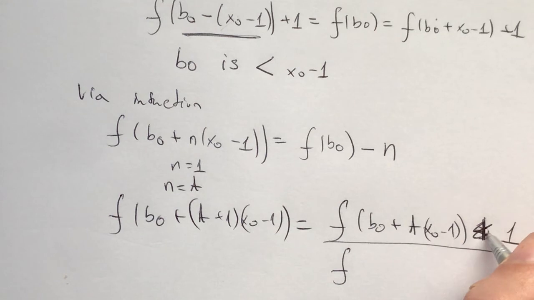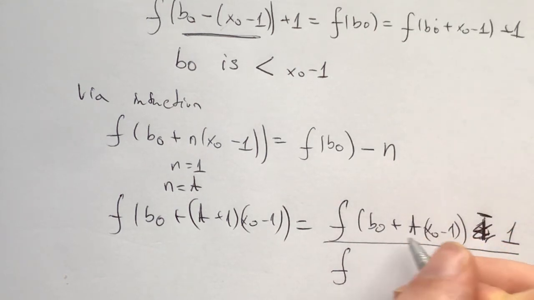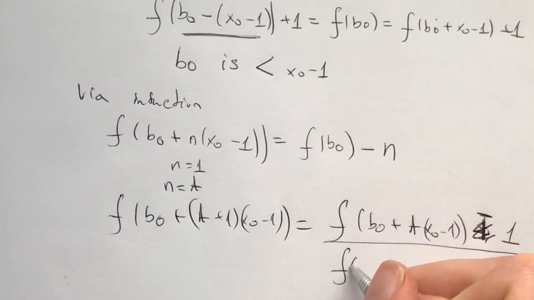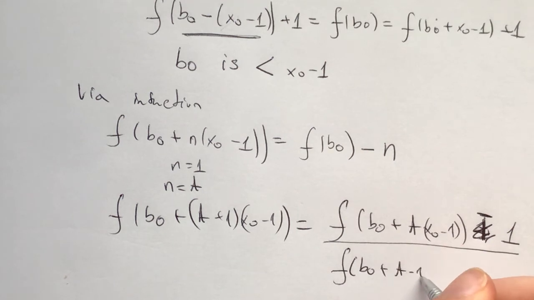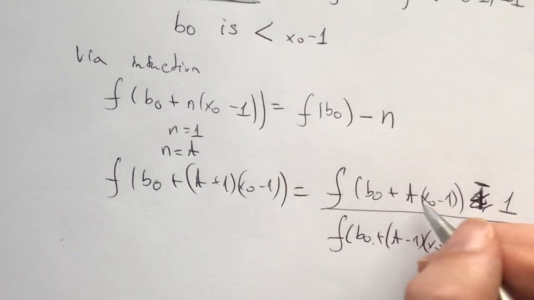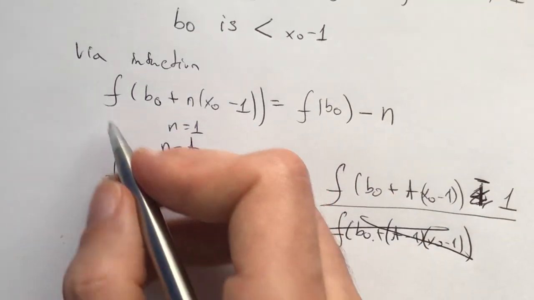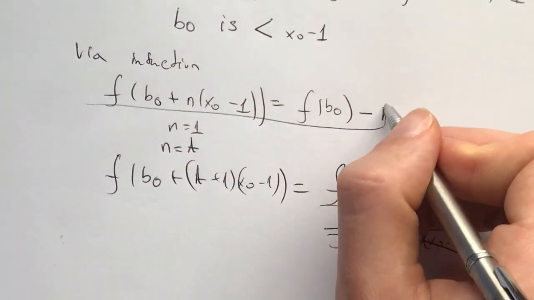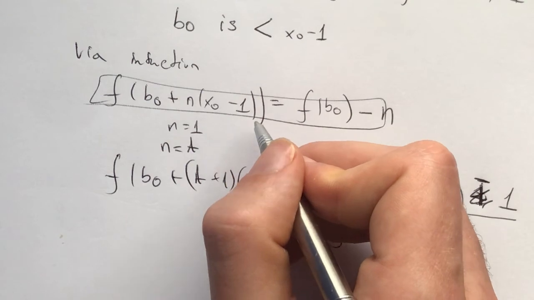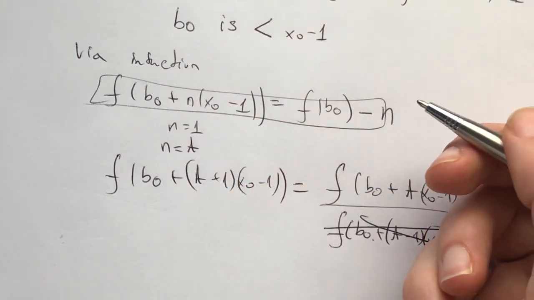So actually minus 1 will be a contradiction because this is smaller. And now we know that the inductive hypothesis is true, i.e. we will have f of b0 plus n times x0 minus 1 is equal to f of b0 minus n.